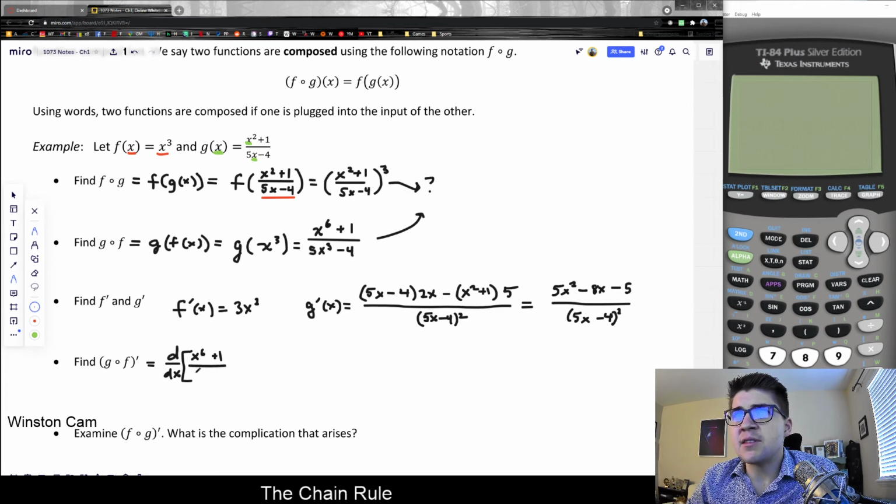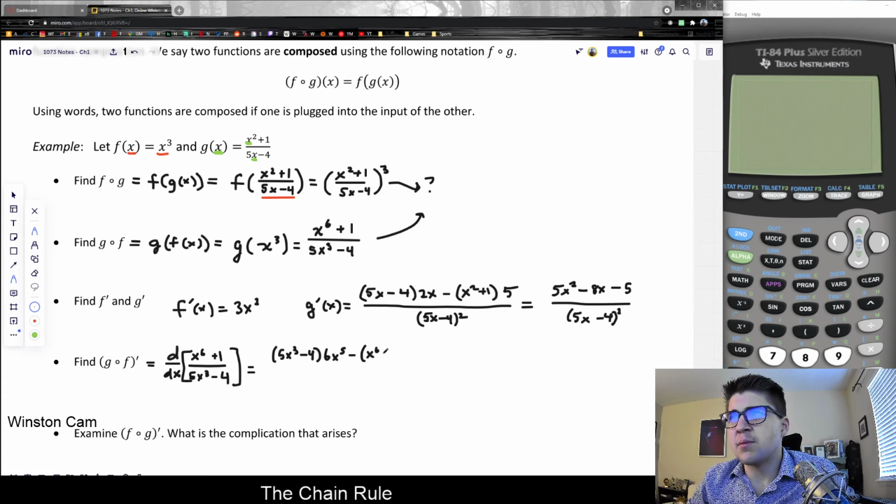And since this one simplified quite nicely, I could just use the quotient rule once again. Oops, this should be minus 4. And again, low d high would be 5x cubed minus 4 times 6x to the 5th, minus high d low.